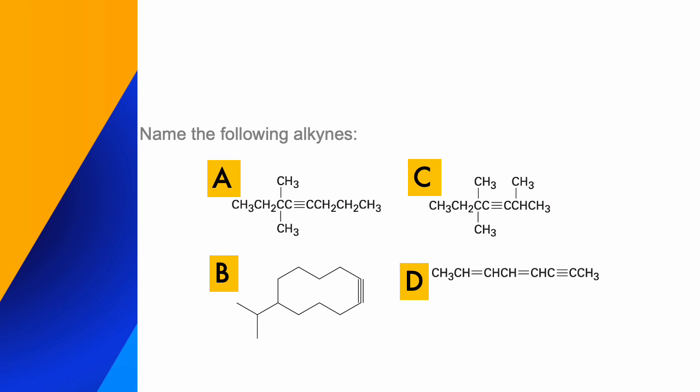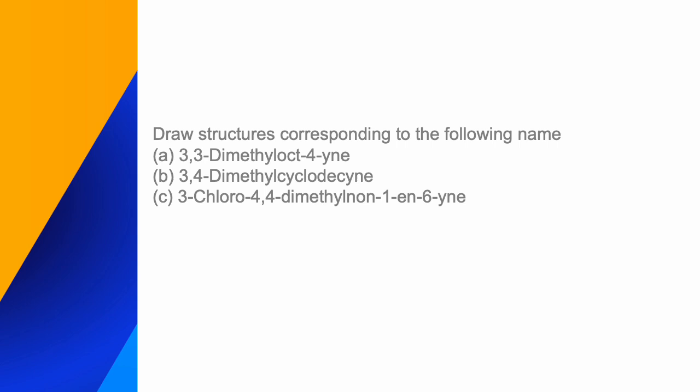So which end are we going to use for the number assignment of carbon? We will be back on this slide before we end the discussion so you have time to solve for or give the names of these alkynes.